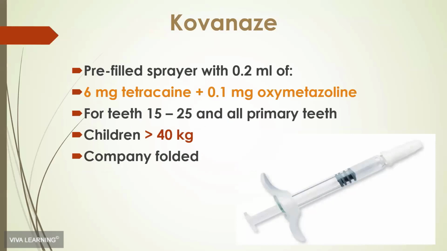So here's a device. It's called Covanase, and it's 6 milligrams of tetracaine with the oxymetazoline. You can use this in kids who weigh more than 40 kilograms. But unfortunately, like that jet injector that I showed you, the company has folded. So I don't believe anybody is carrying it right now.